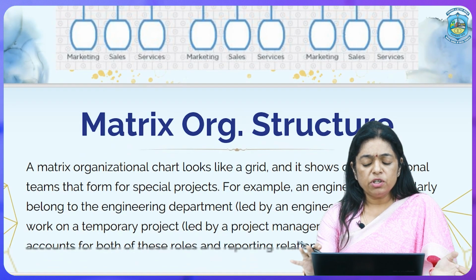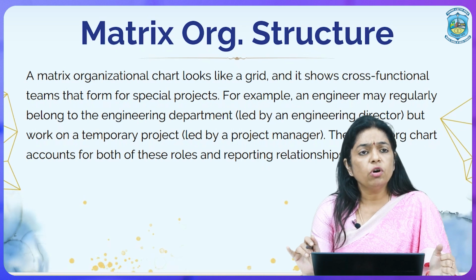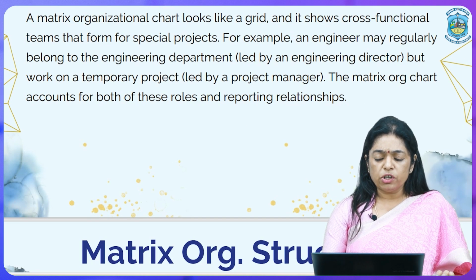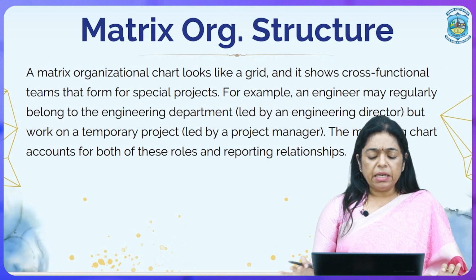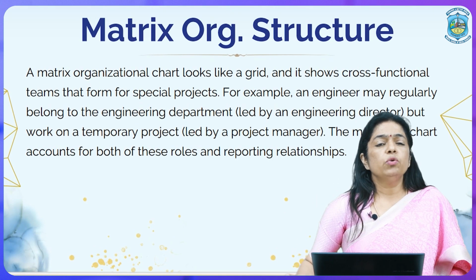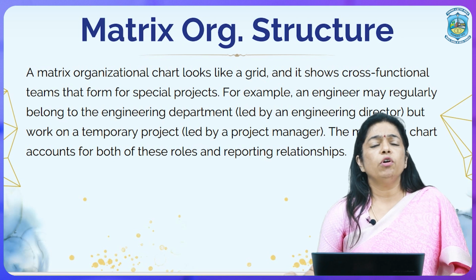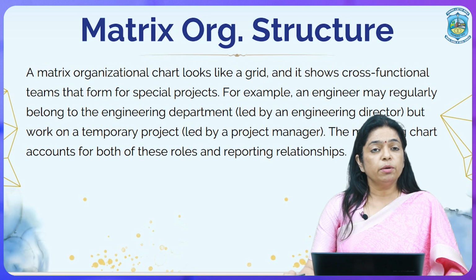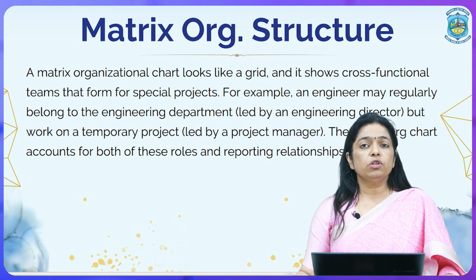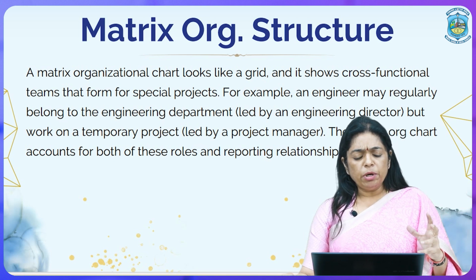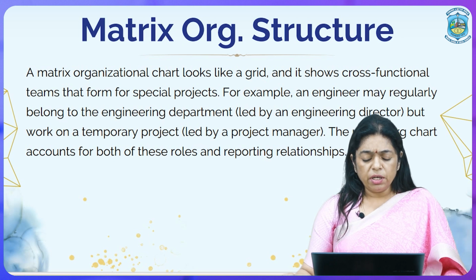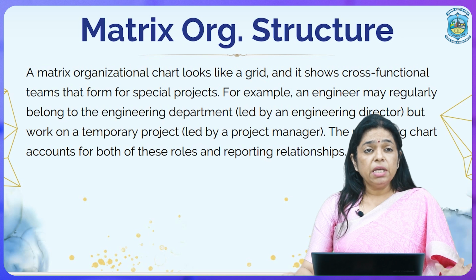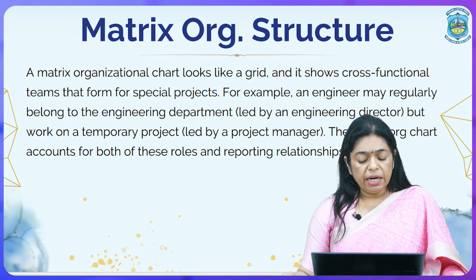Next one is the matrix organization structure. The matrix organization structure mostly looks like a grid, as it is cross-functional. A company which is manufacturing a product may also be involved in different projects, so a subgroup has to be created from the already existing employees, and that creates a structure which looks like a grid. An engineer who may be regularly working in an engineering department, probably being led by an engineering director, may also be taken in for a temporary project.